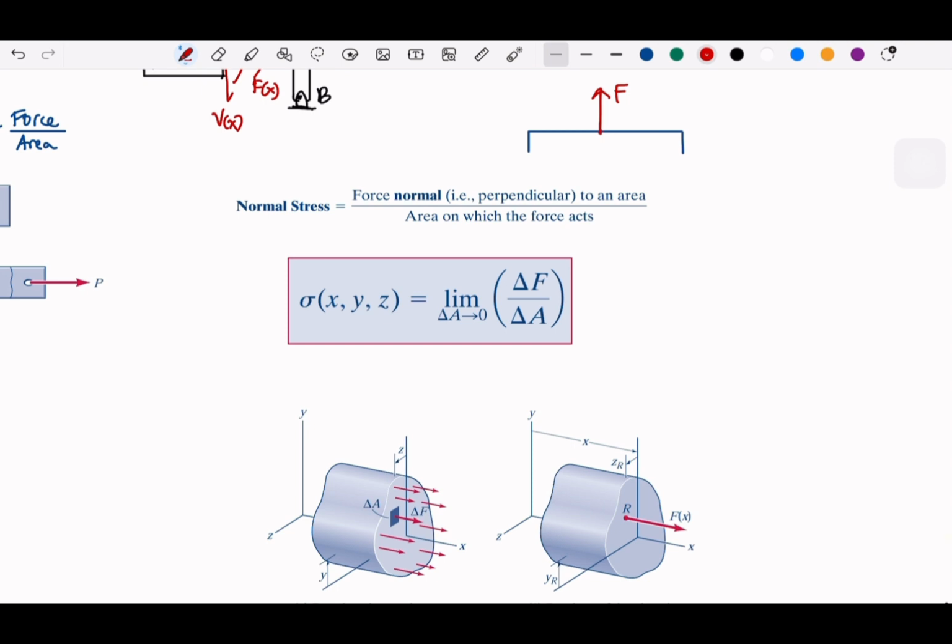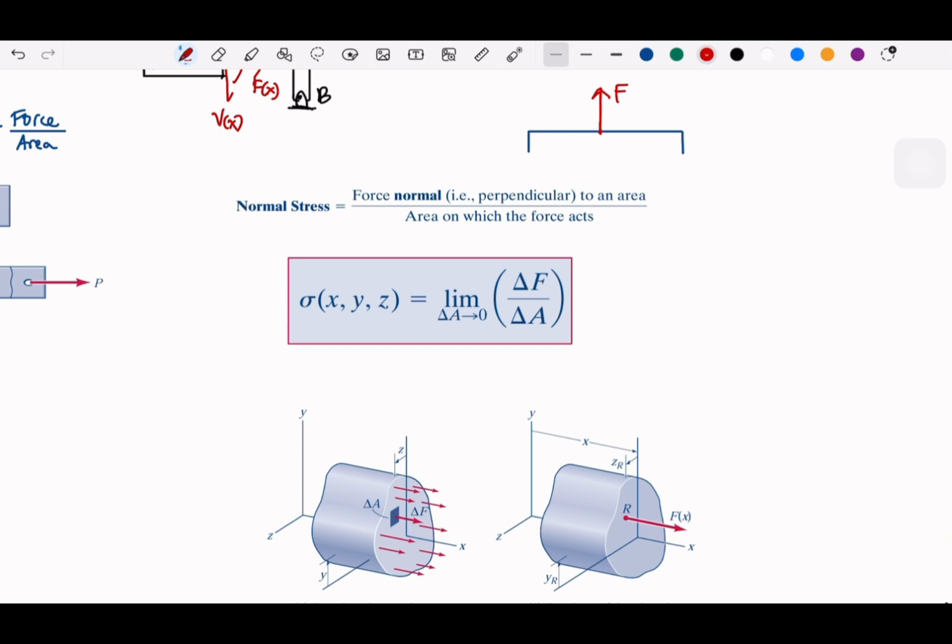And then we cut a small rectangle open here. And of course we have the distributed forces, right? And the distributed forces along this delta A, the smaller the A, the higher the stress will be, right?